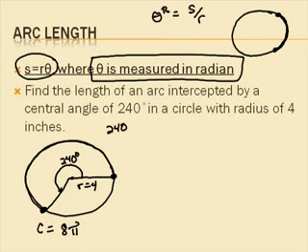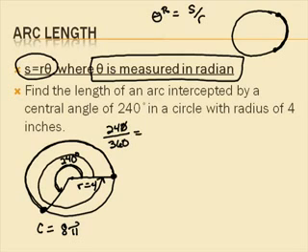240 degrees out of 360. So I want to go 240 degrees out of a total 360 degrees. Does that make sense? So I don't want the arc all the way around the circle. I only want the arc that goes 240 out of 360.